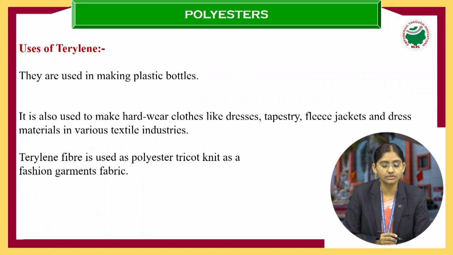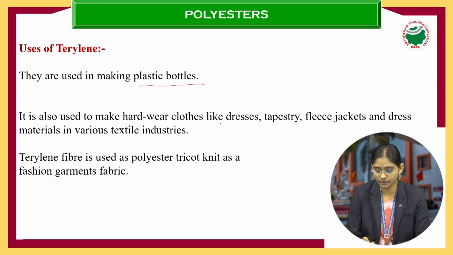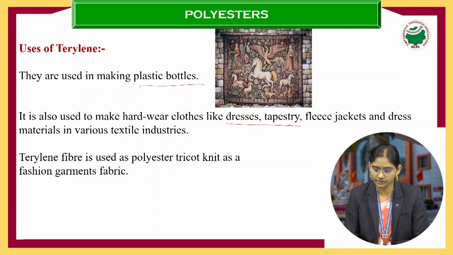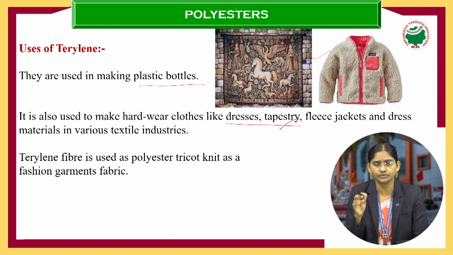Now we'll see the uses of terylene. It is used in making plastic bottles, and it is also used to make hardware cloths like hard cloth. One is tapestry. Here tapestry is a very thick cloth with images, which is made from terylene.